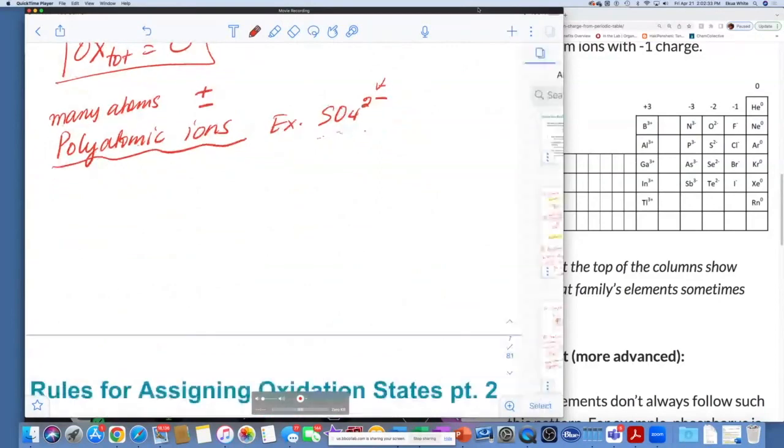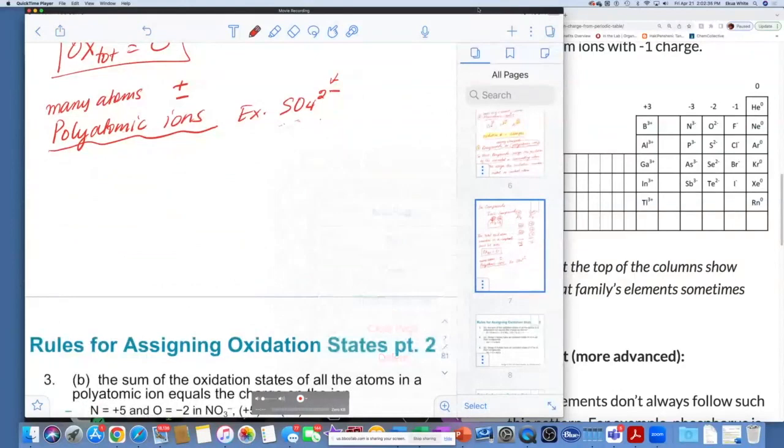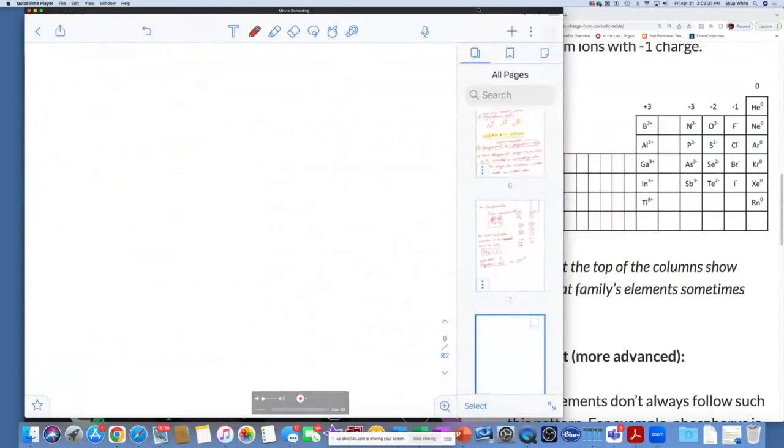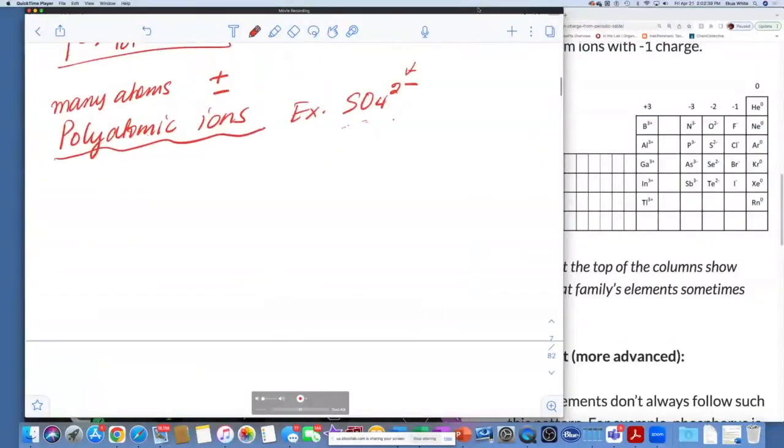Okay, where was I? Sulfate. Let's see. Sulfate. So for sulfate, 2 minus. Once again, since I'm applying rule number 3, because rule number 3 applies here, I'm going to assign the oxidation number of the nonmetal first, and then assign the, well, they're both nonmetal. Okay, the one that's surrounding first, right? The one on the right.